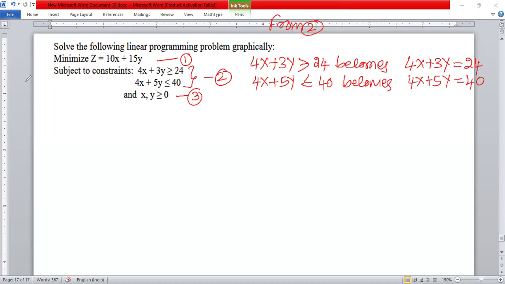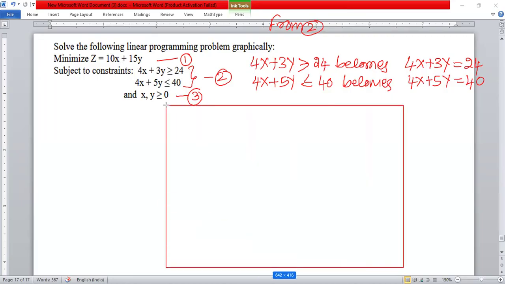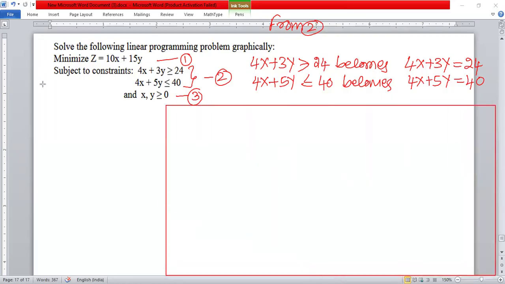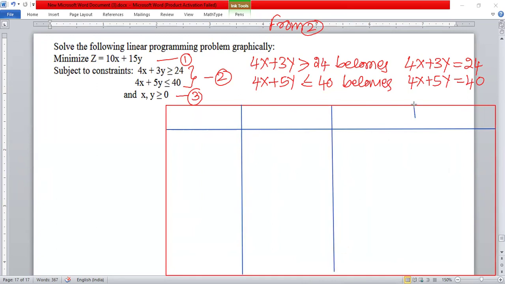So now put y is equal to 0, x equal to 0, to get the x comma y points. Okay. The first one, 4x plus 3y is equal to 24.